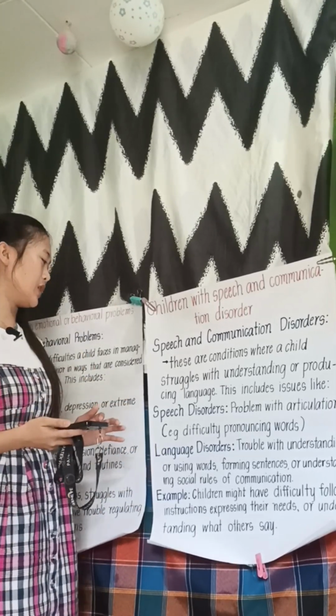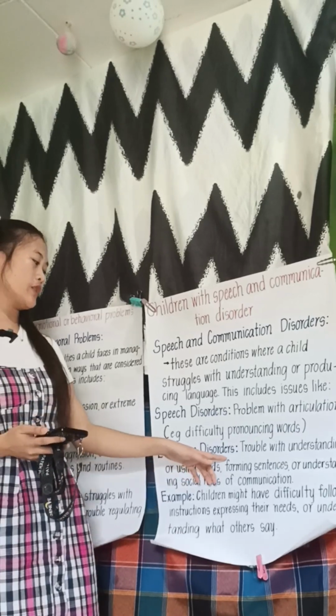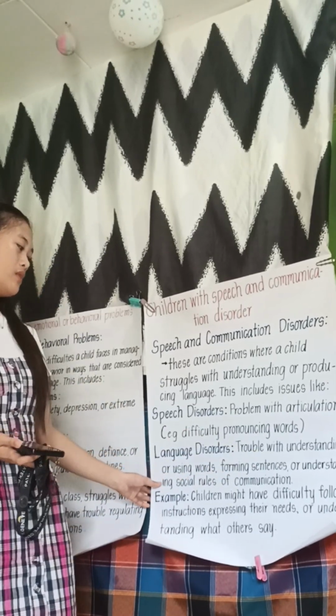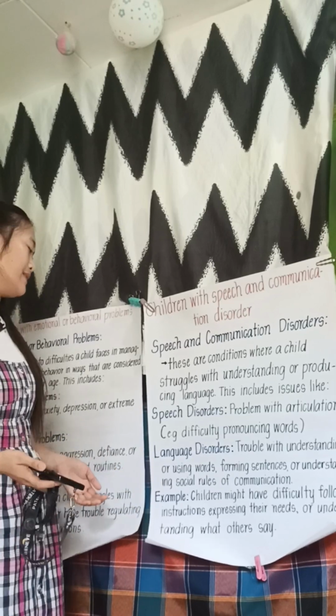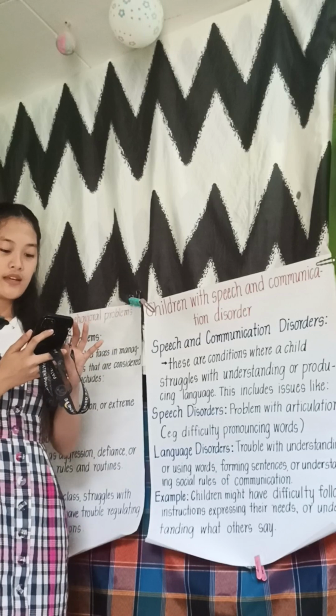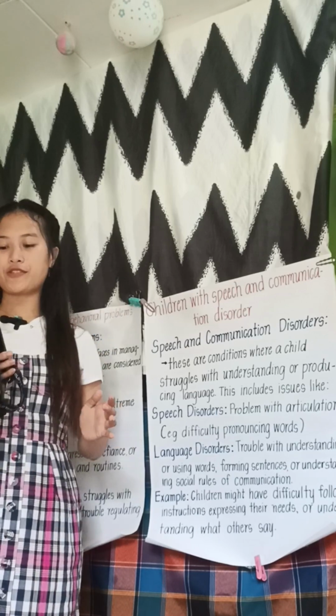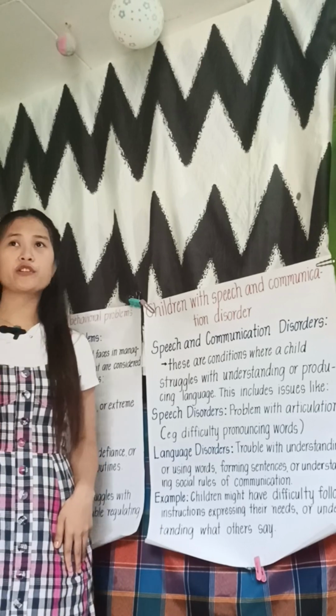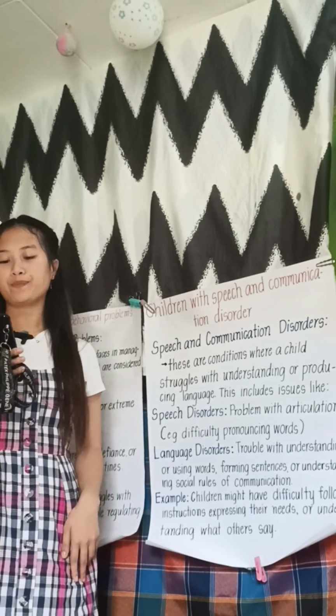Okay, now let's proceed to language disorders. Trouble with understanding or using words, forming sentences or understanding social rules of communication. It is a challenge in understanding or using language, whether spoken or written.